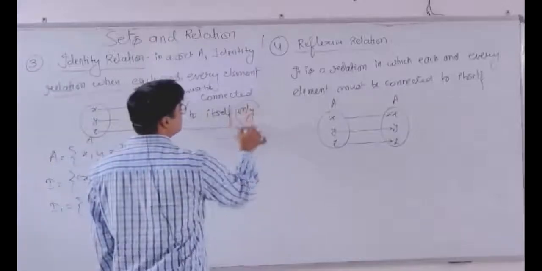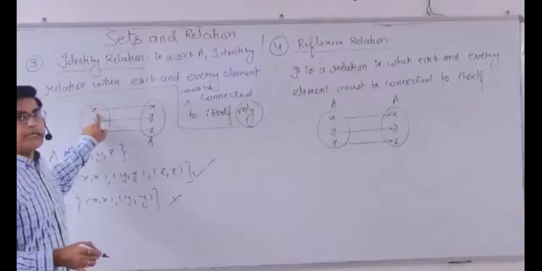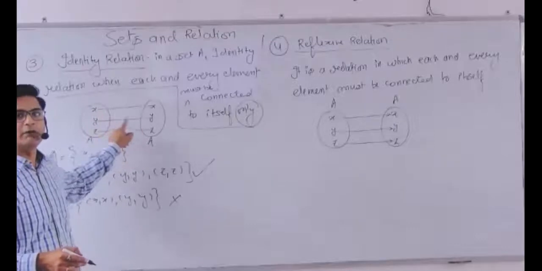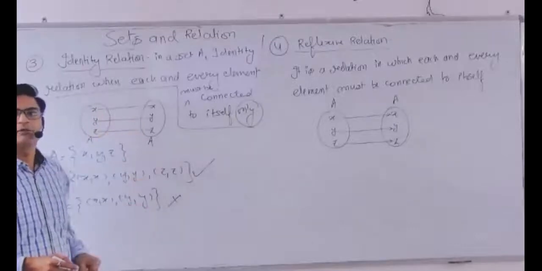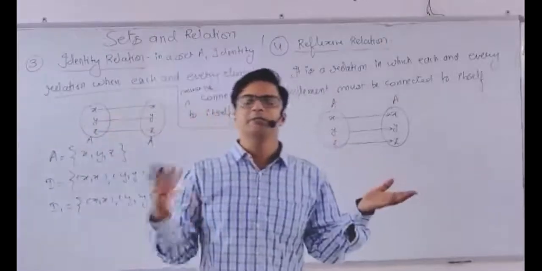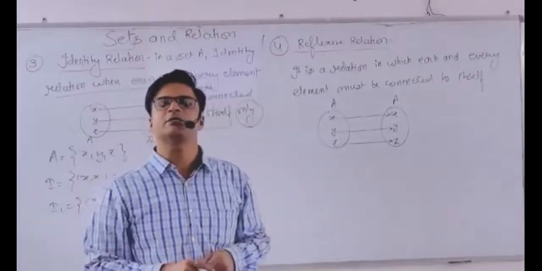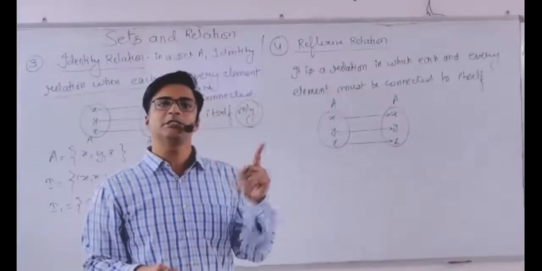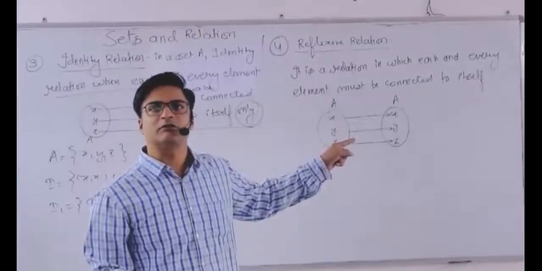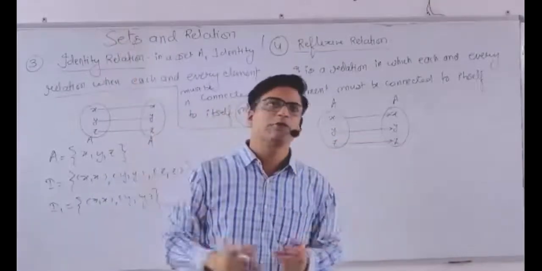Here I use the word only. That means in identity, X cannot be connected to Y or Z. Similarly, Y can never be connected to X or Z. Here, it is possible that X can be connected to Y, or Y can be connected to X, or Y can be connected to Z. Minimum condition in reflexive relation is each and every element must be connected to itself. After that, if they are connected to other elements also, we don't have any problem.